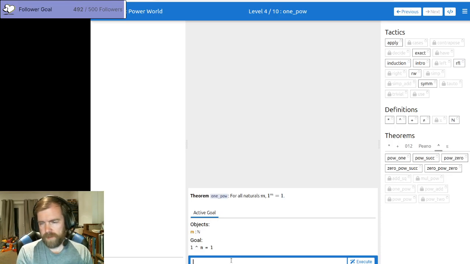One to the m is going to be equal to 1. So repeat, rewrite 1 equals successor 0.